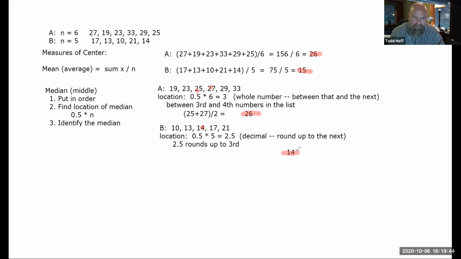All the measures of center should be close to the same. This one may still be approximately normally distributed, but not as close to normally distributed as set A is. In a normally distributed set of data, the mean and median should be the same. Now we have another measure of center, which is called the mode.